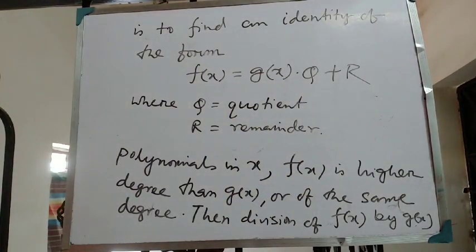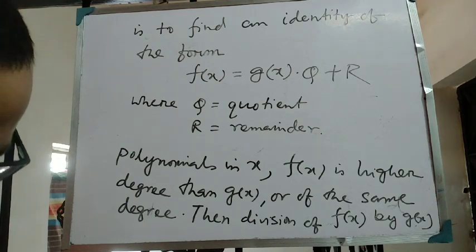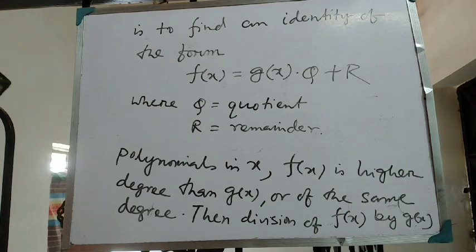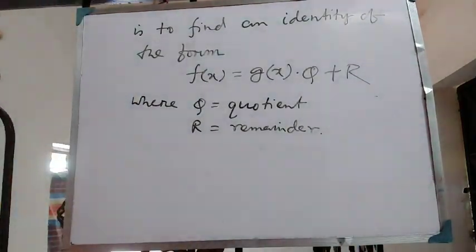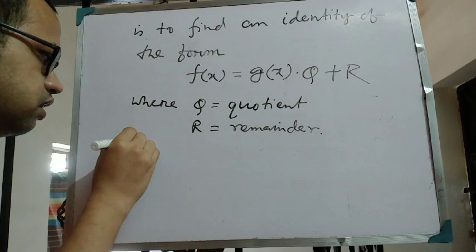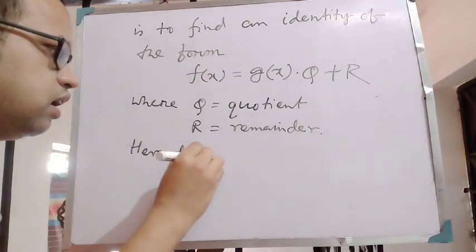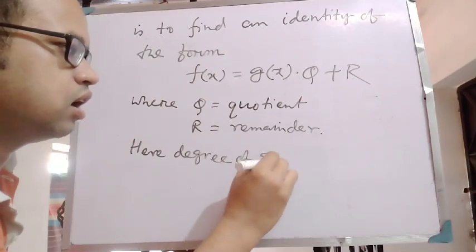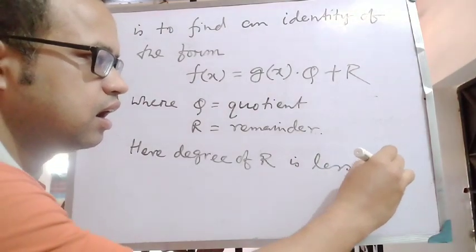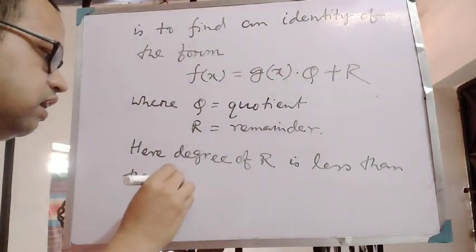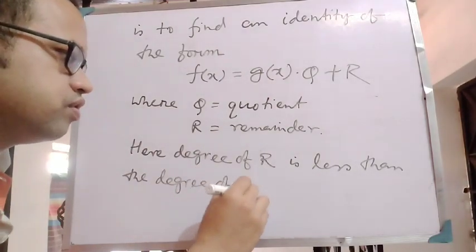One important thing to remember is that the degree of r must be less than the degree of g(x).